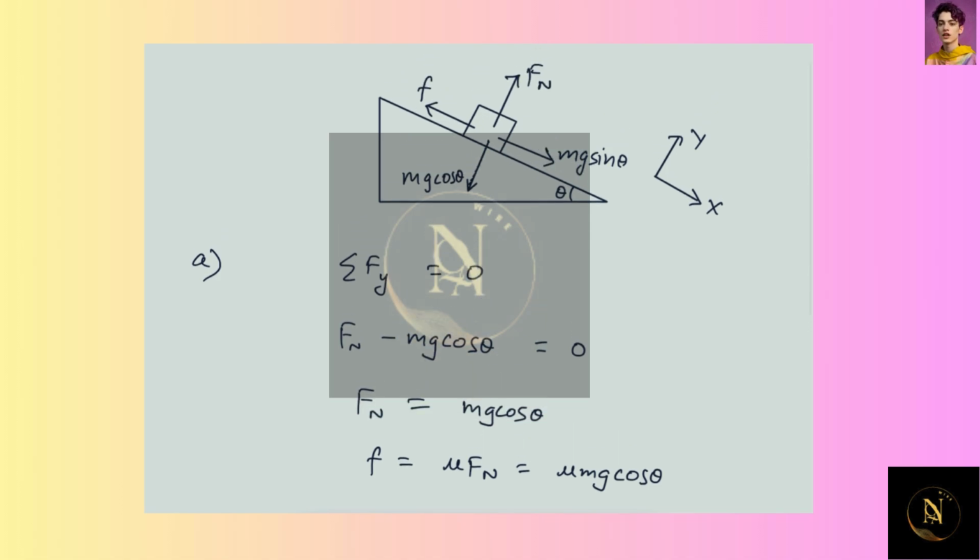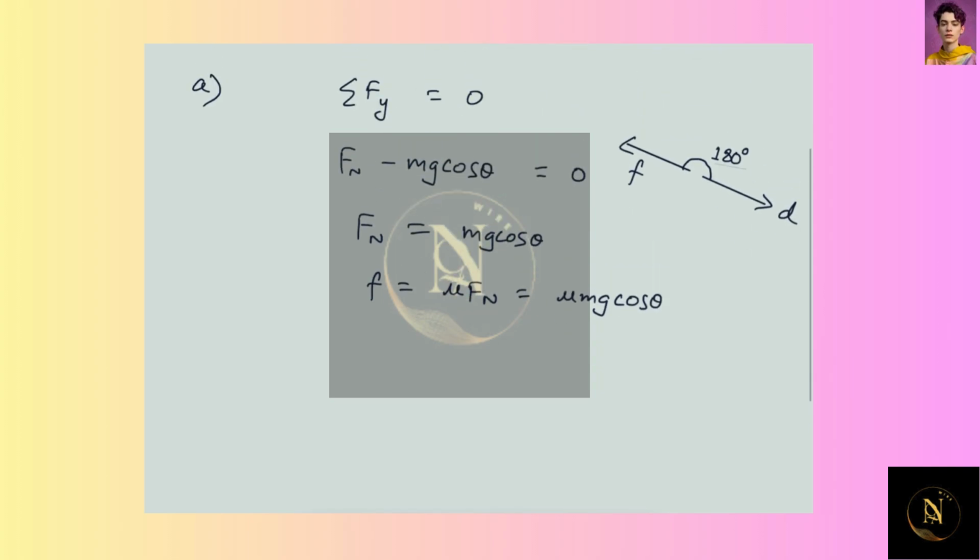Now the displacement of the package is down the ramp and the friction force is up the ramp, so the angle between the displacement and friction force is equal to 180 degrees.